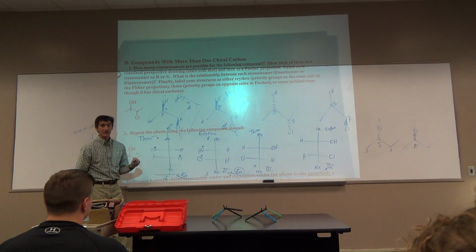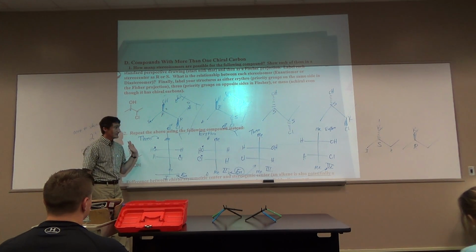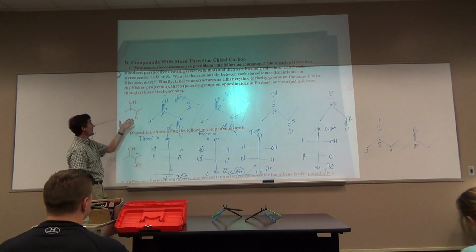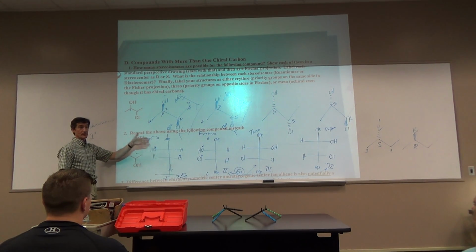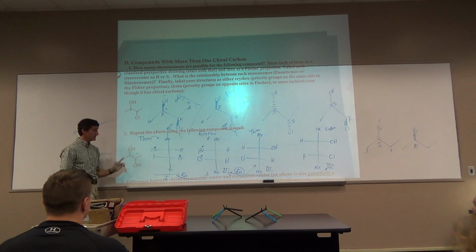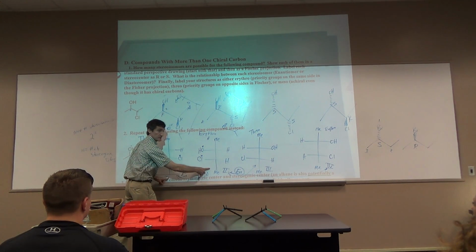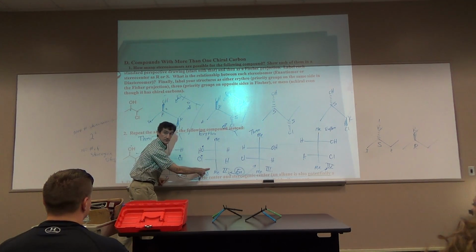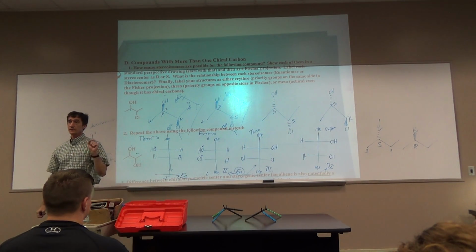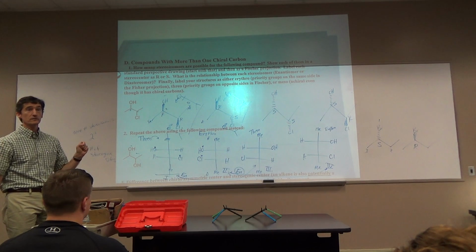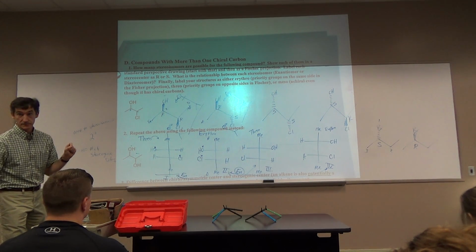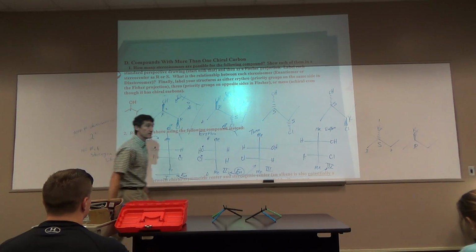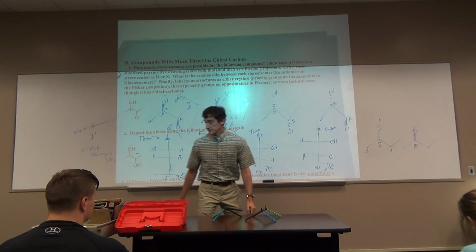Yes. Don't be so quick. These are all stereoisomers. These are all this compound with the same connectivity, just drawn with different projections. 1 and 2 are stereoisomers, but are they mirror images? No. Stereoisomers that are not mirror images are called diastereomers.